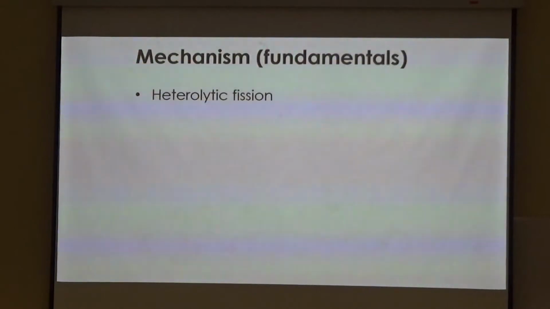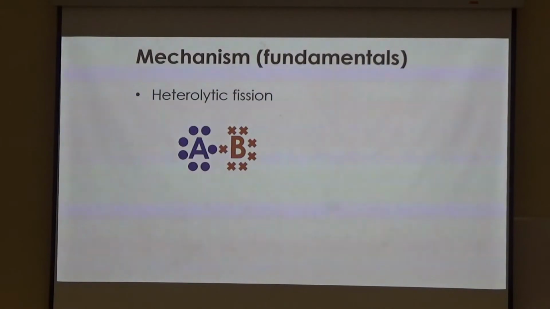So before I start on my free radical substitution mechanism, I want to go through some basics with you, which are already in your intro to organic chem, but I bring it up here so that everybody has a common understanding before we go on. First of all, I have a heterolytic fission. What does it mean?